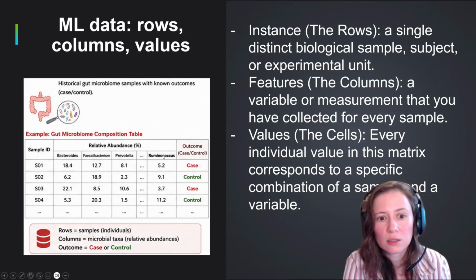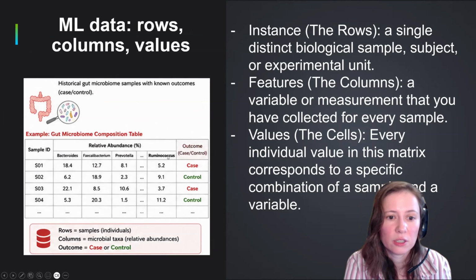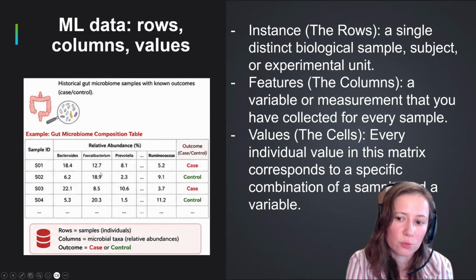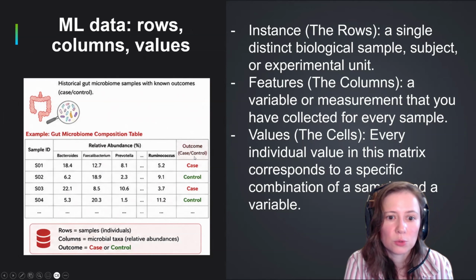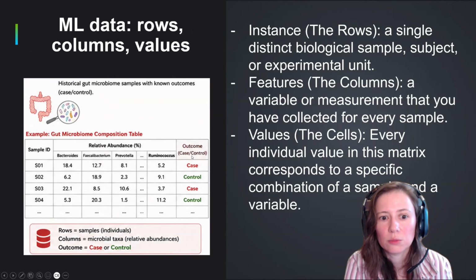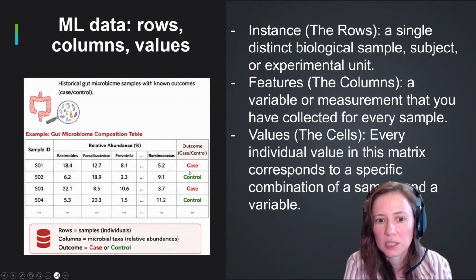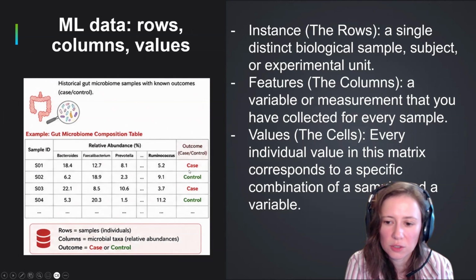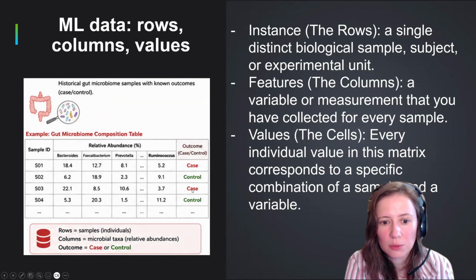But if you want to make predictions of certain outcomes associated with those predictors, you would have one additional column in your data, which would be the outcome. It could be case-control, for example: case if the person, here sample one, has a disease, control if it doesn't. Or it could be a different type of outcome.